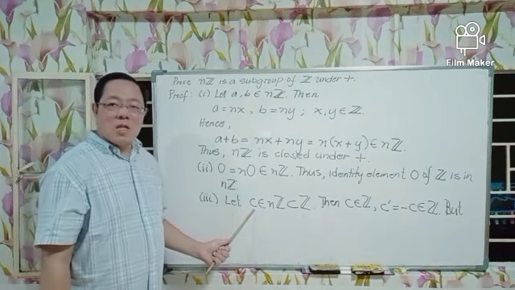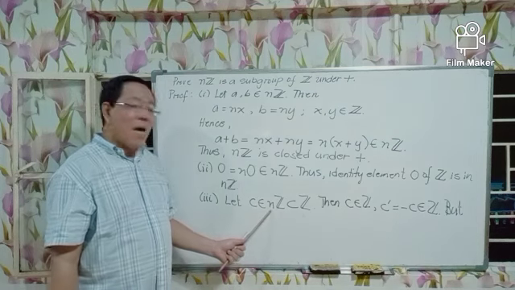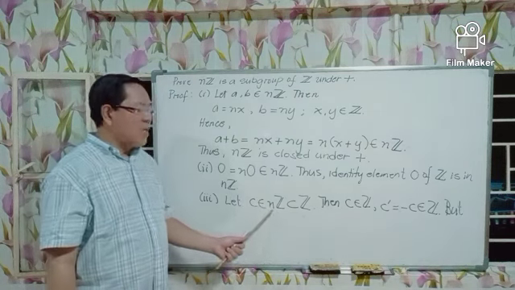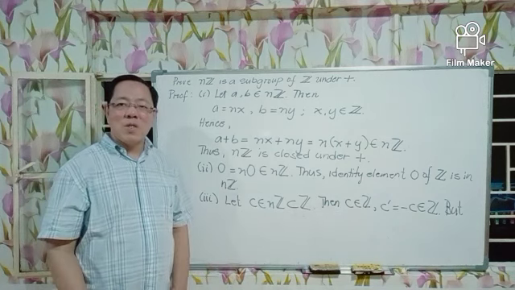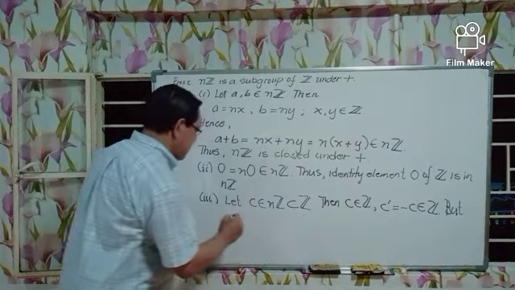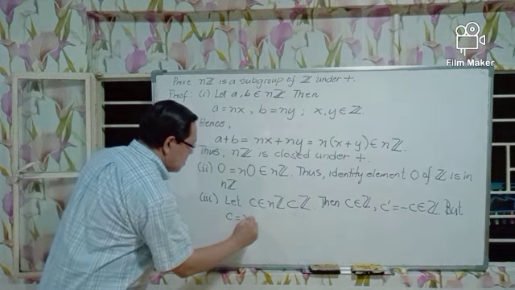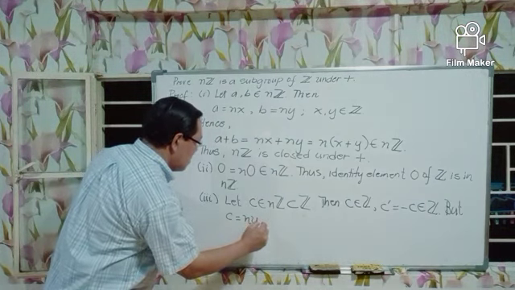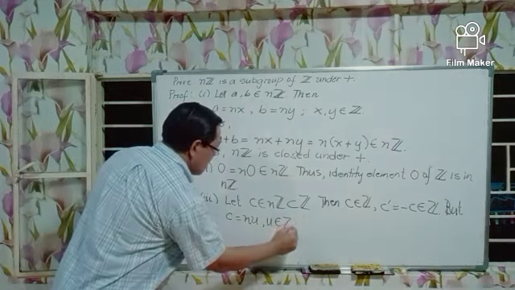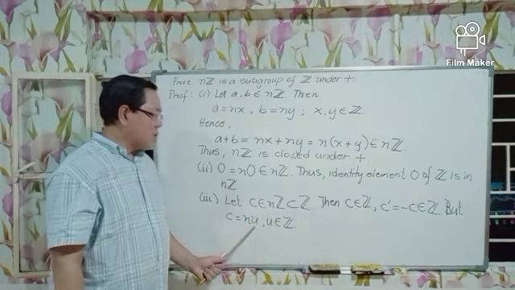But initially we begin with c an element of NZ, and every element of NZ can be written as a product of n and some integer element of Z. So if c is an element of NZ, we can write c as n multiplied by some integer element of Z. We now write c as the product of n and the integer u.